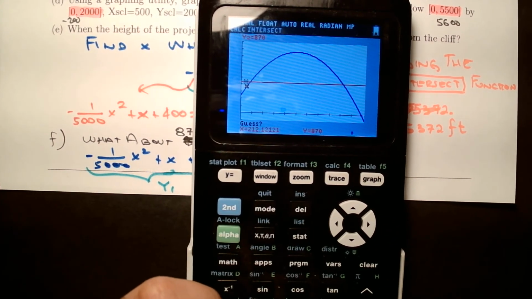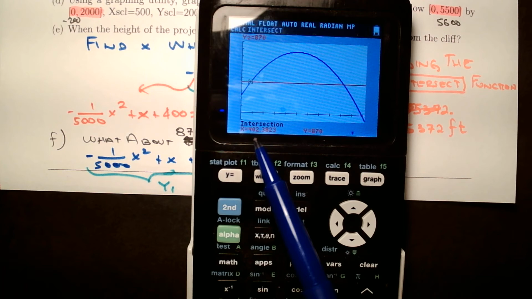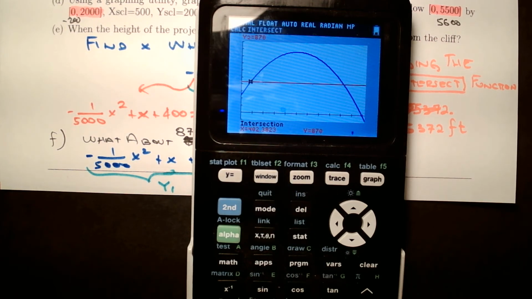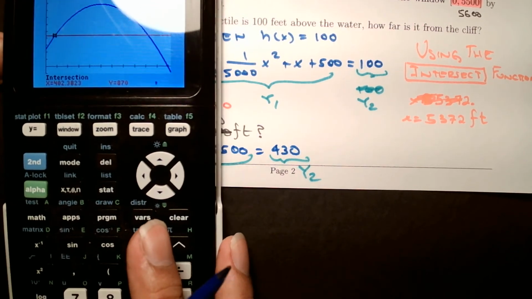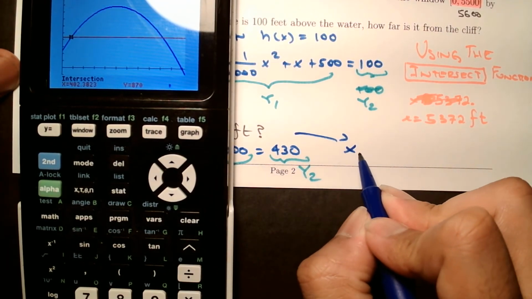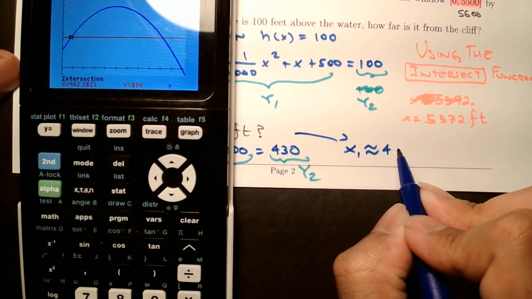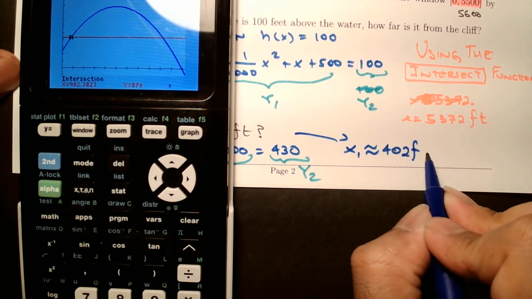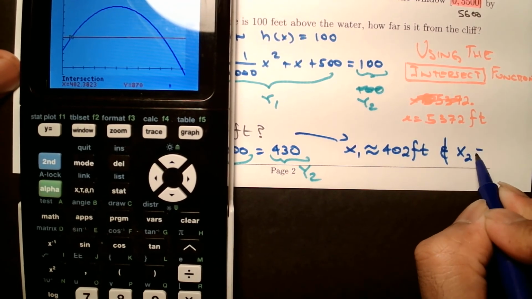Click enter, and then click enter a third time to find the intersection point. So in this case, x is approximately 402. Let me just go with integers. So x1 is approximately 402 feet, and x2, we're going to find out.